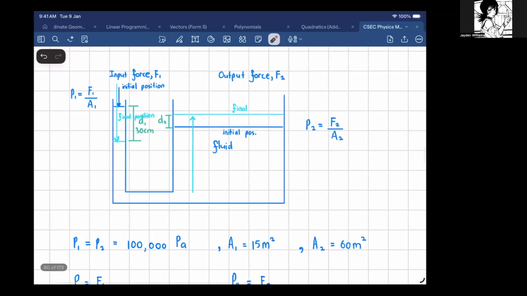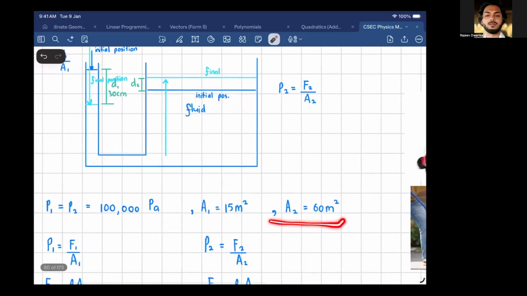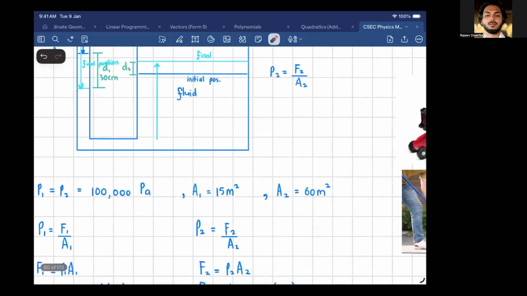So if I give you A2, obviously A2 has to be more. I'm giving you a scenario where the area for this one is 15 and the area for this one is 60. So it's 4 times the area.